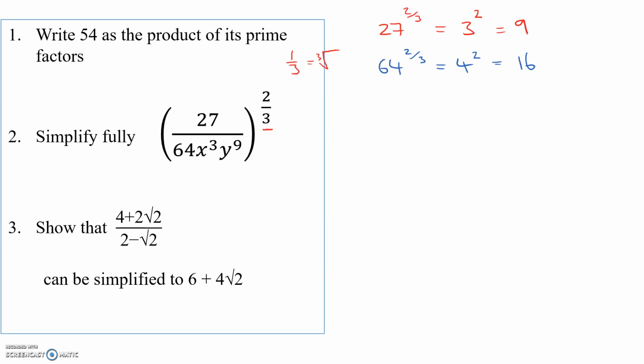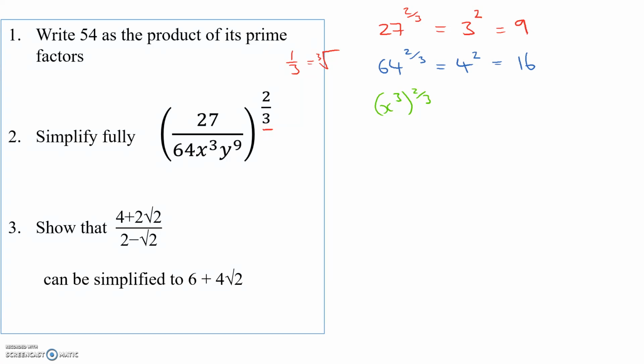So the variables. We've got x cubed to the power of 2/3. We can approach this one in a similar way to the ones above, but it's probably simpler to use our index laws, because when we've got a power to a power, in other words a power in a bracket with another power outside it, we multiply those two indices.